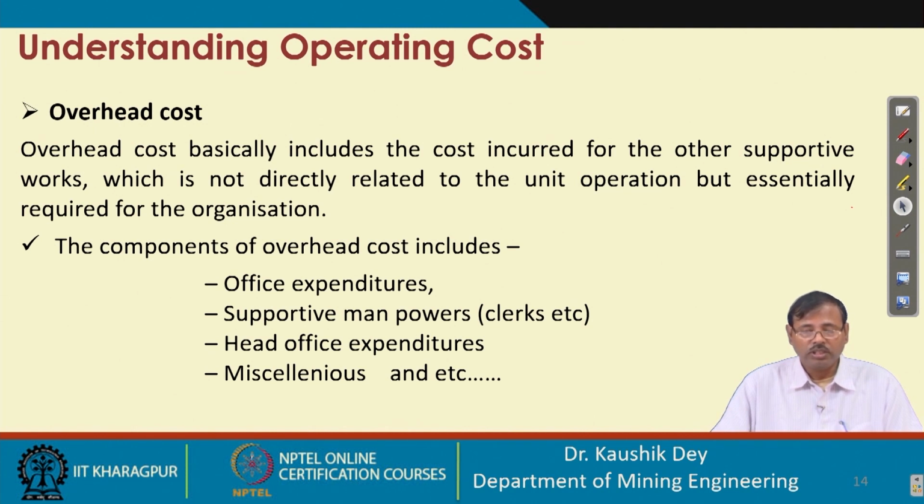These costs are considered as overhead cost, such as office expenditures, supportive manpower, clerks, etc. If there is a head office that has to be maintained, the head office expenditures also come from this. Any other miscellaneous items like signboard, signaling system, recreation, tea, etc., also come in this overhead cost.